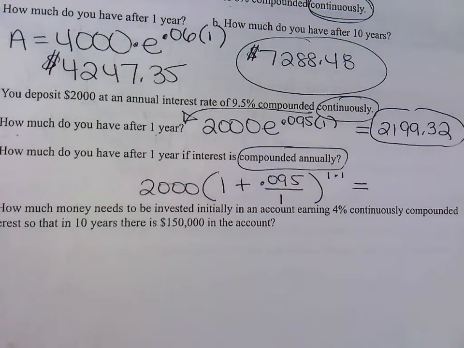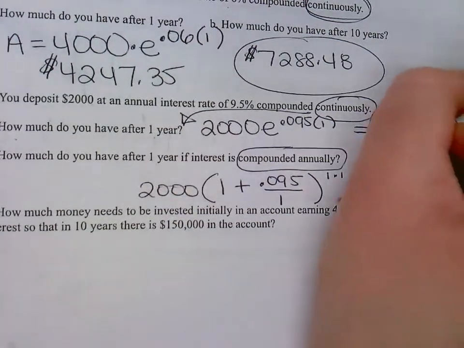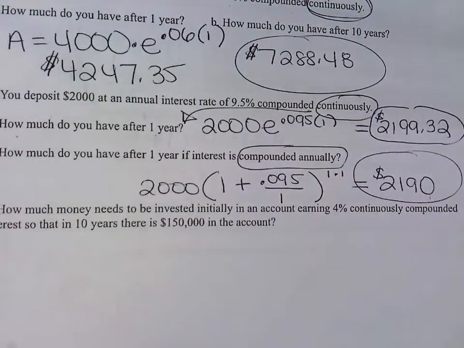Or just cents maybe? 2,190 is what you should get. So we differ by, well, still $9. $9 after a year is still a decent difference. It's the same interest rate, right? The only difference was how many times they were compounding.